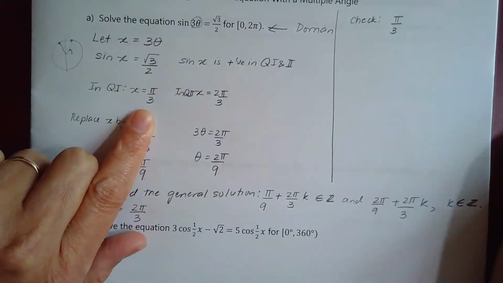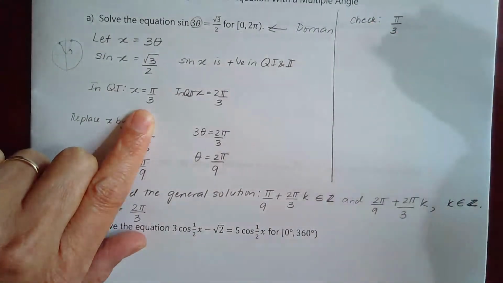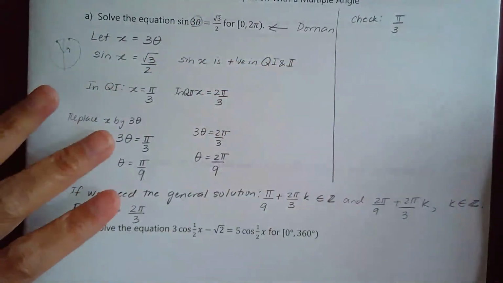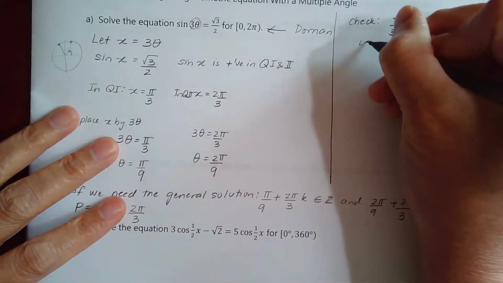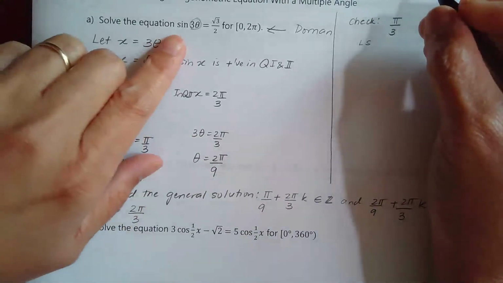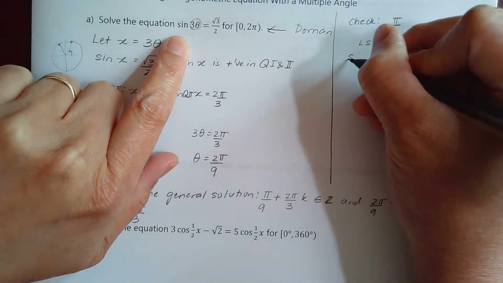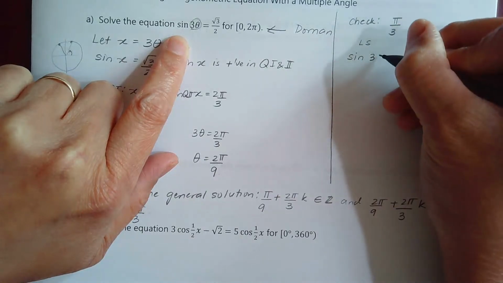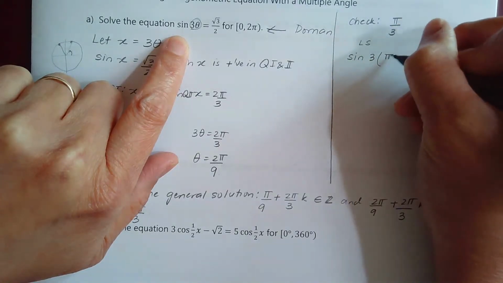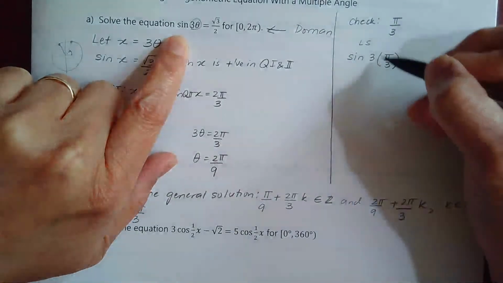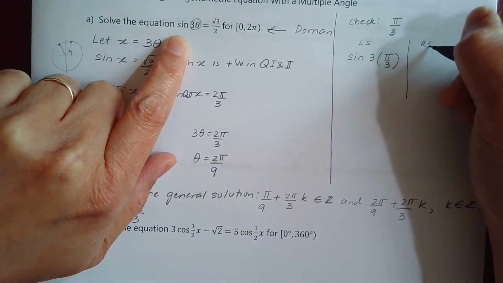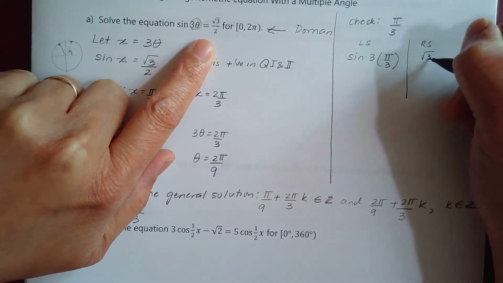If this is an equation, the left side has to equal and balance the right side. So what does the left side look like? The left side looks like sine of 3 times theta, and theta is pi by 3. And the right side is equal to root 3 over 2.